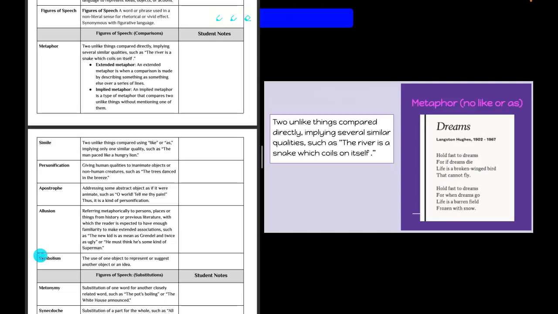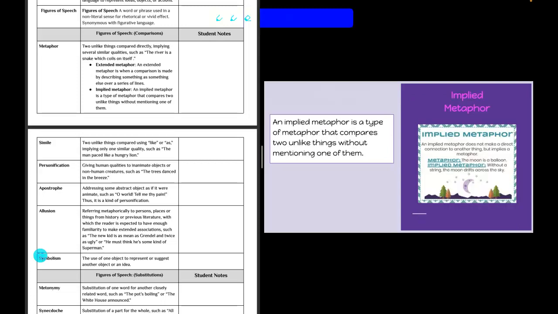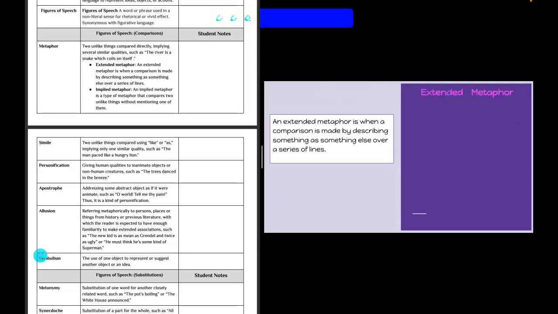An implied metaphor is a type of metaphor that compares two unlike things without mentioning one of them. A metaphor would be the moon is a balloon. An implied metaphor would be without a string, the moon drifts across the sky. It's an implied metaphor because it doesn't say that it is something else. It doesn't mention one of the terms.